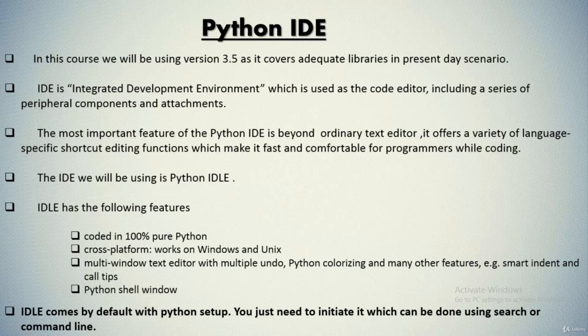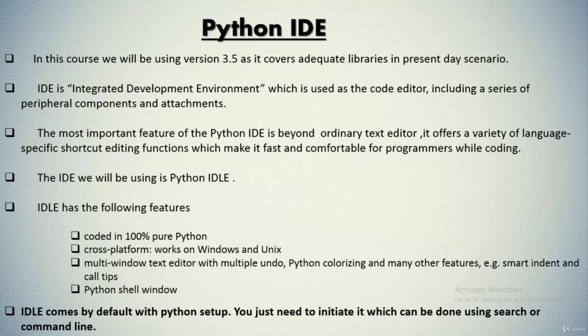The most important feature of the Python IDE is that it goes beyond an ordinary text editor. It offers a variety of language-specific shortcut editing functions which make coding fast and comfortable for programmers as compared to other contemporary IDEs. The IDE we will be using has the following features.